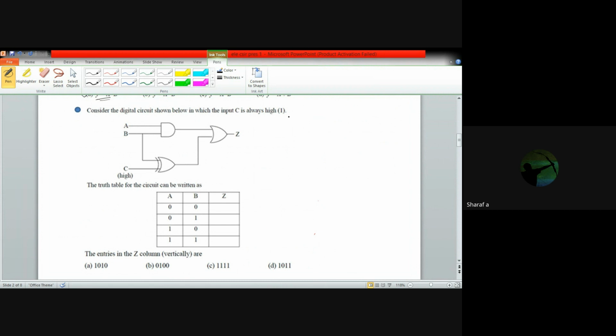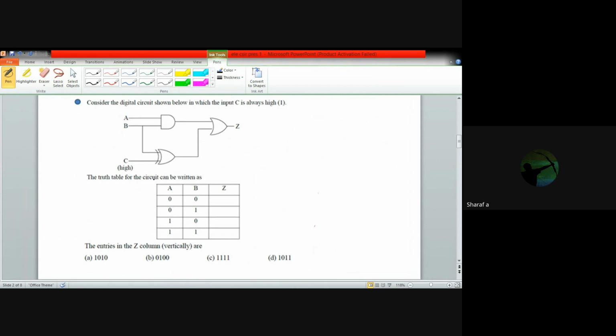That is given. And the truth table for the circuit can be written as follows, so you just have to fill in the final column, the Z value or the output of the circuit. The entries in the Z column, vertically, are? That is the question.